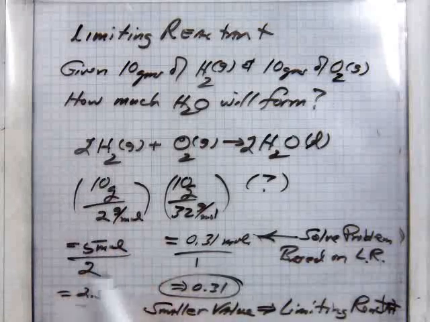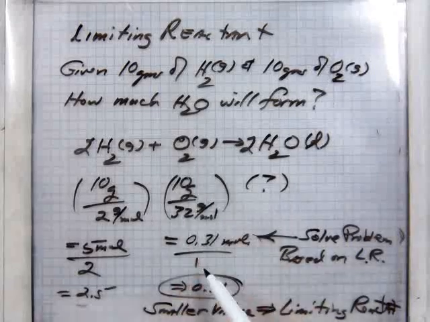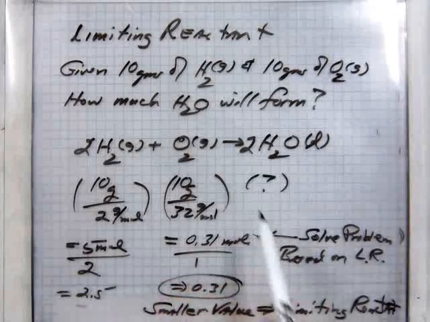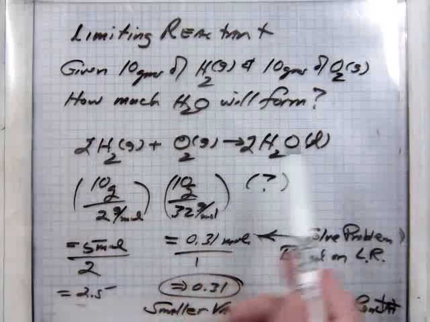Now this isn't exaggerated in terms of the amount, so you can see them clearly. So in this problem, it's a 1 to 2. So the amount of water would be based on the coefficient of oxygen to water.